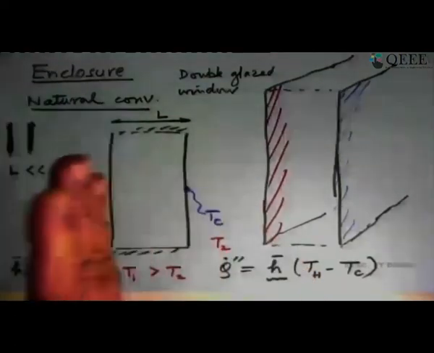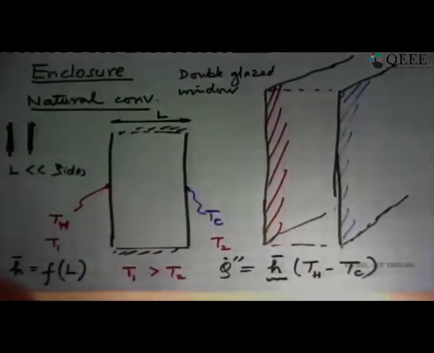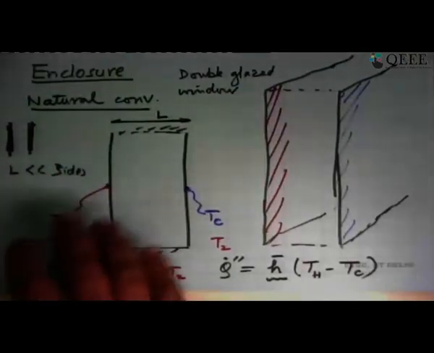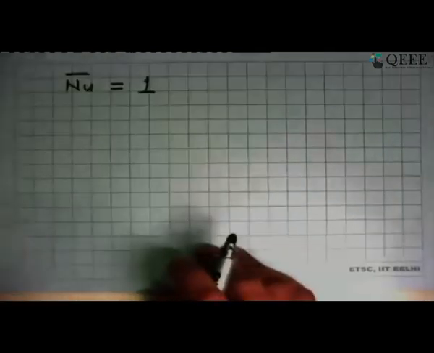So you end up with a still fluid or a near still fluid, and it becomes a very simple case where nothing else is happening, only conduction is taking place. The correlation there is that the Nusselt number is 1, which means that hL upon k is equal to 1 and h bar is equal to k upon L.